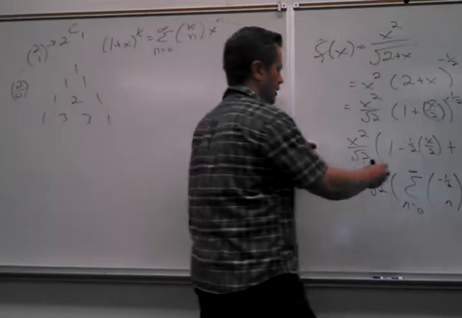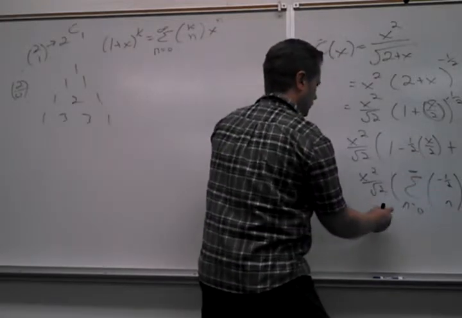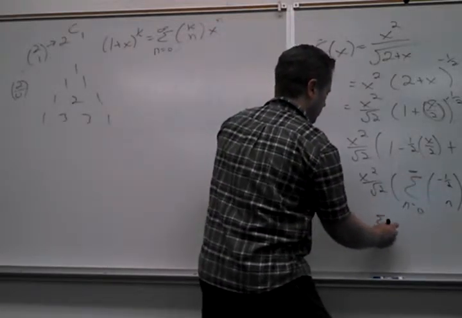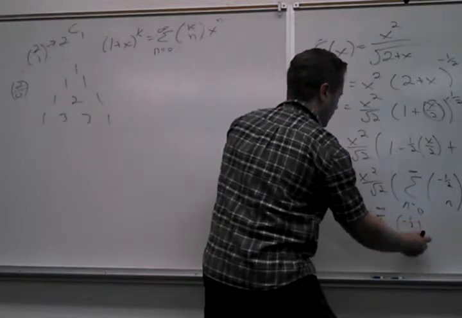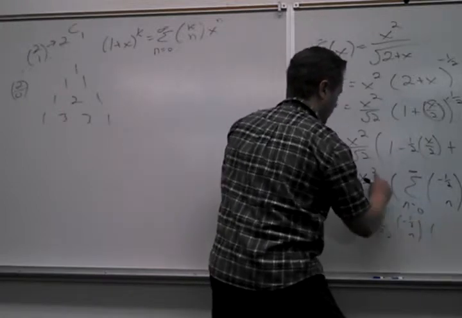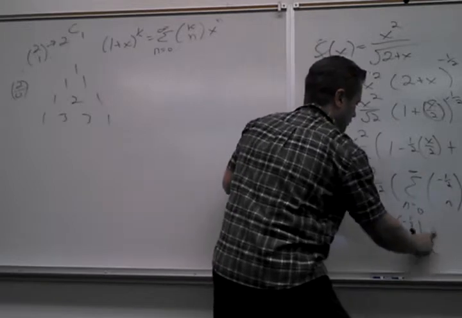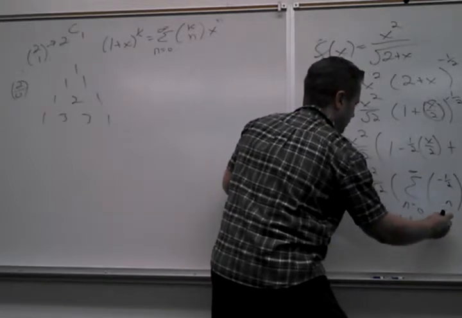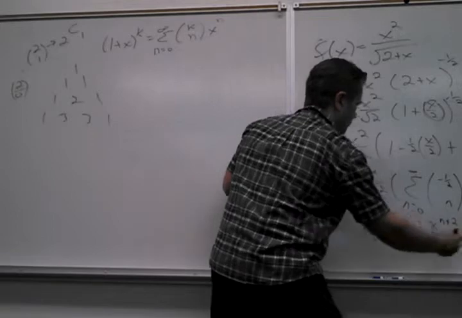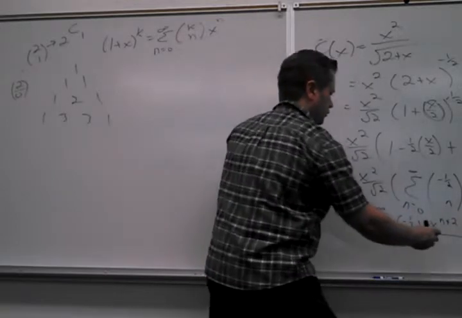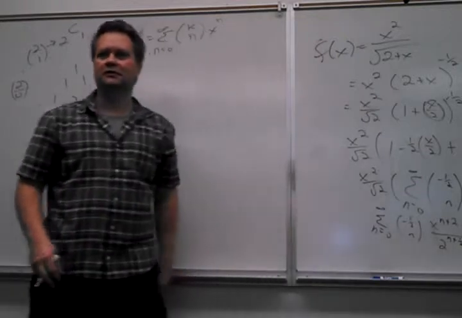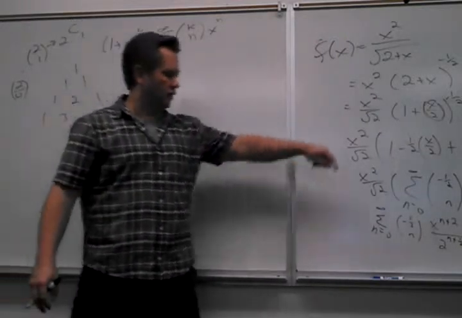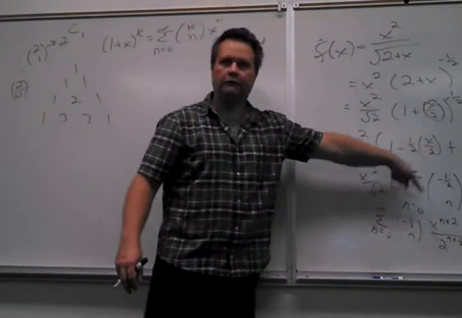And then I can pull this x squared in. So now it'll be sum n equals 0 to infinity, negative 1/2 choose n, x to the n plus 2, over 2 to the n plus 1/2. Is that cool? Because we're bringing in 2 to the 1/2 power.